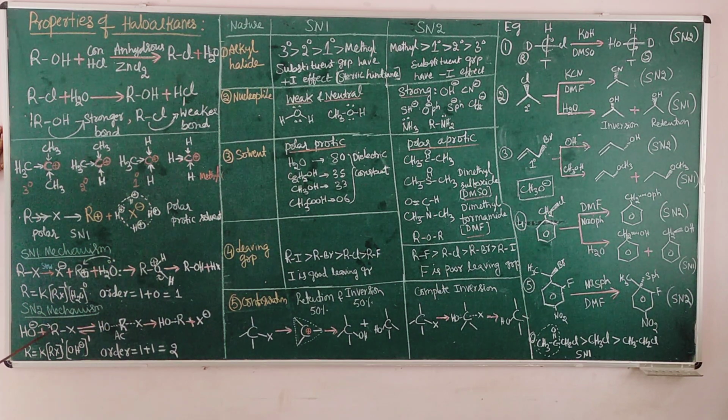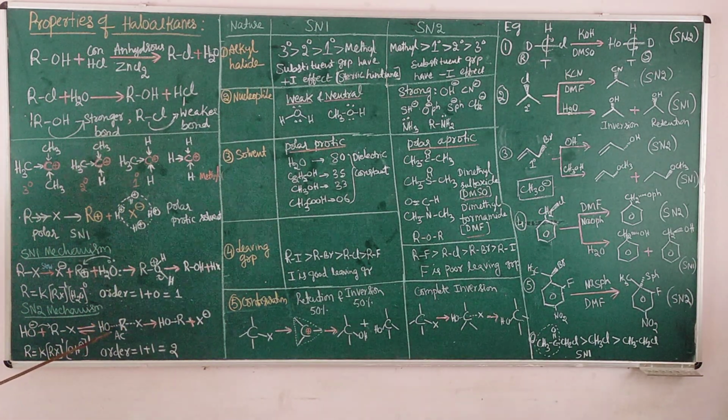Now when the attack begins, a new chemical bond begins to form. Once the new chemical bond begins to form, this chemical bond begins to break. It is not breaking away straight away. With this attack, the chemical bond begins to break. The result is that this chemical bond is partially formed and this chemical bond is partially broken, forming a complex known as the activated complex or intermediate complex.